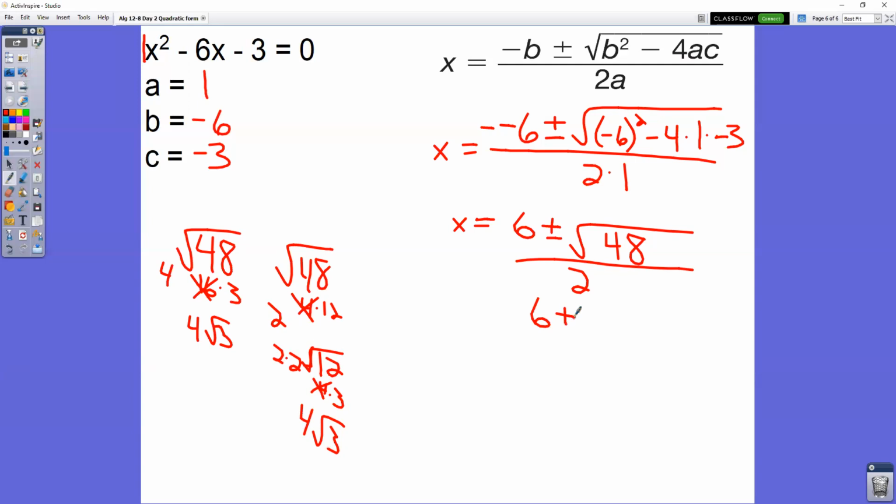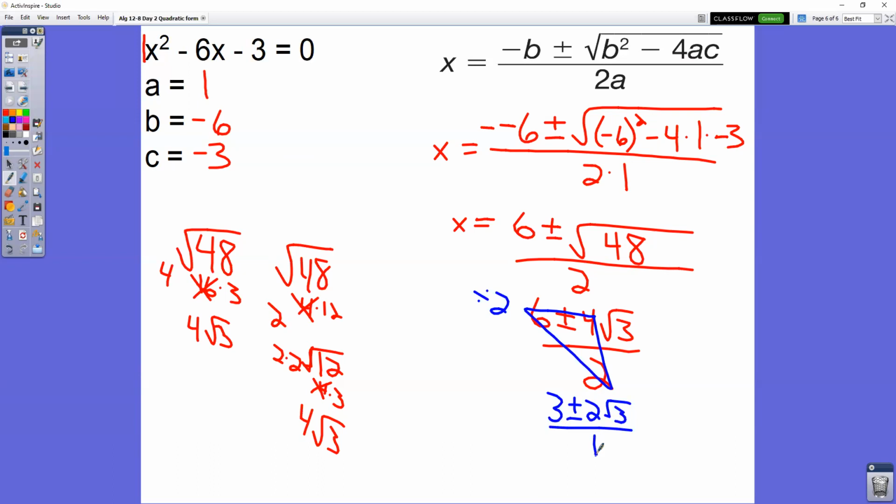So we have 6 plus or minus 4 radical 3 over 2. We can triangle reduce that. The biggest number that goes into 2, 4, and 6 is 2. So we want to divide each of those by 2. 6 divided by 2 is 3. 4 divided by 2 is 2. 2 divided by 2 is 1.